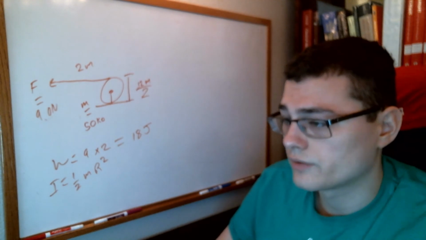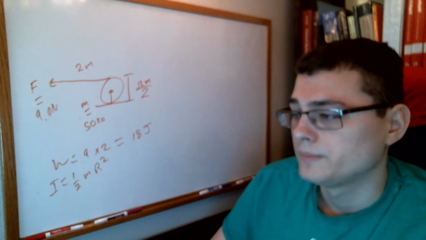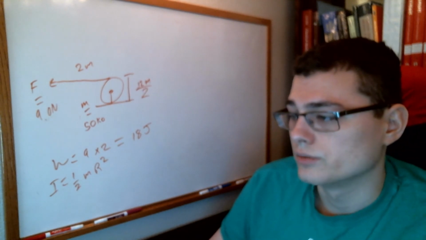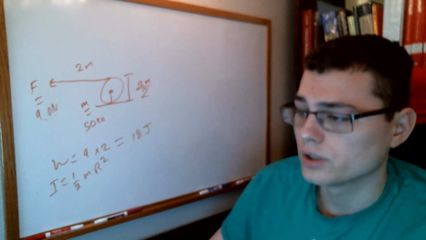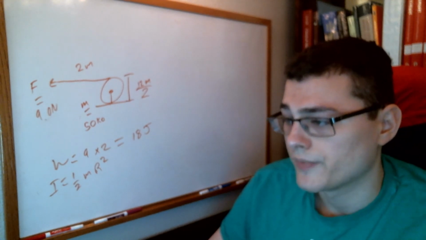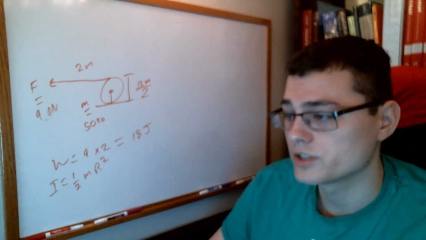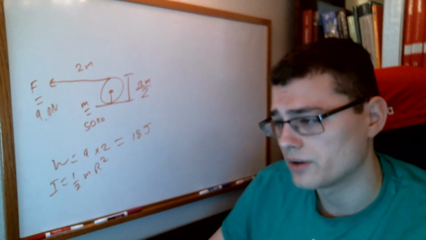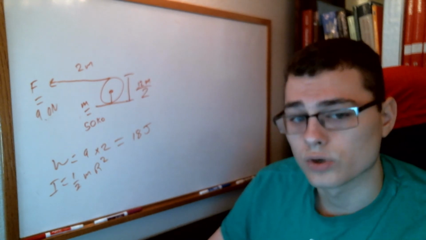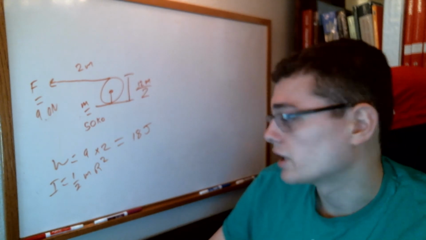And so then we have to say that K1 plus U1 plus our work equals K2 plus U2. Originally it's at rest and it doesn't have any potential energy, so both the potential energies cancel out, and so then we just get that the work done is going to be equal to the final kinetic energy.